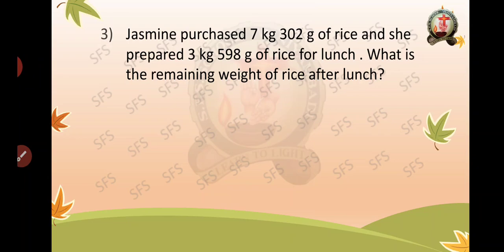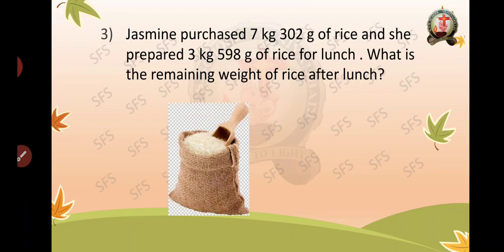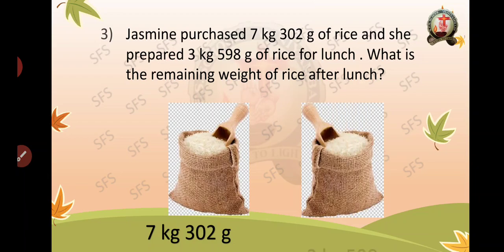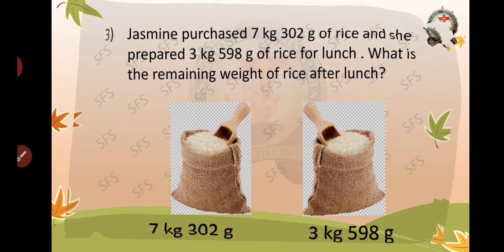Yes, it is subtraction. So, Jasmine purchased 7 kg 302 gram of rice. She prepared 3 kg 598 gram of rice. Now we have to find out the remaining.